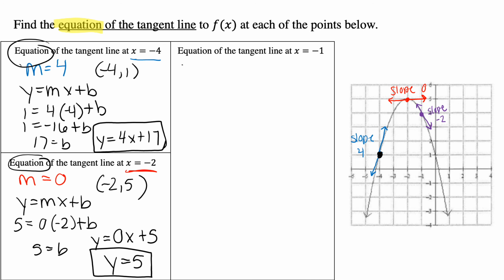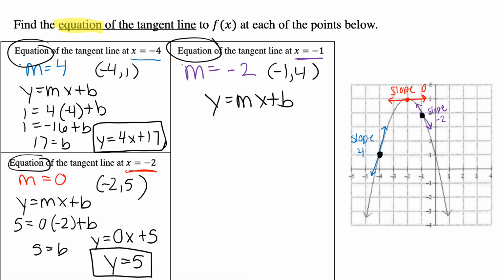Finally, I want to write the equation of the tangent line at x equals -1. From the work we did earlier, plugging -1 into that f prime derivative, we get that the slope is -2. And our point of tangency on the graph we can see is at (-1, 4). Again, using y equals mx plus b, because we want the whole equation of the tangent line, we're going to plug in our x, y, and our m.